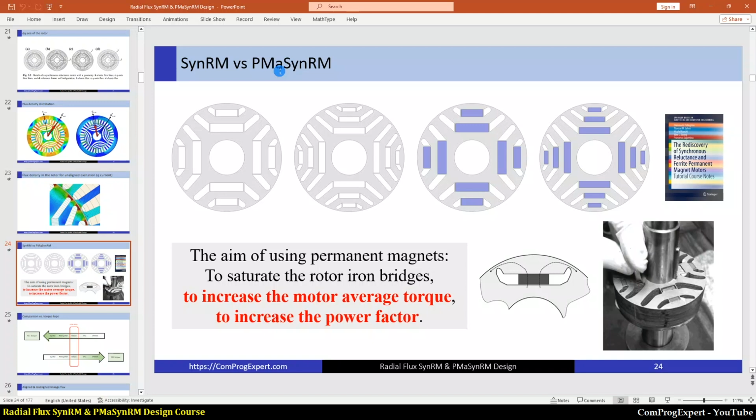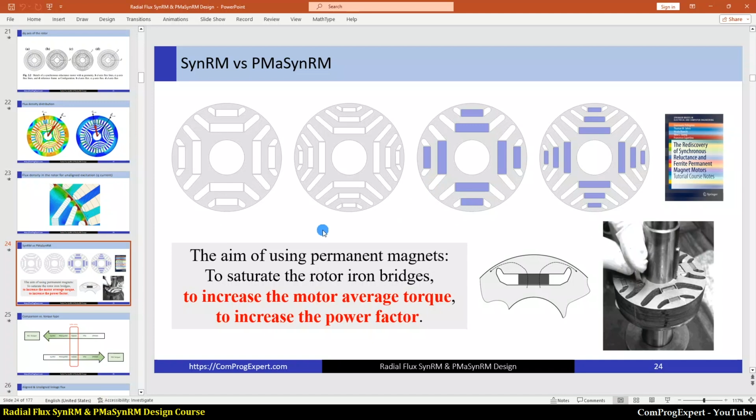This is important. If we consider strong magnets in this design, we deteriorate the performance characteristics of the motor. So one topic in the design of this motor type is optimal calculation, the optimal sizing of the magnet flux.